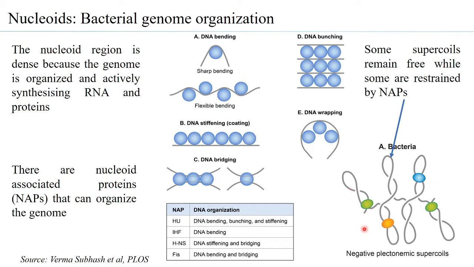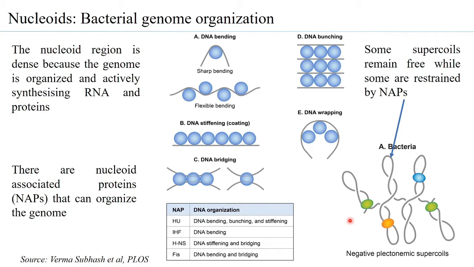Why is that so? Because, say for example, you have the E. coli that has a genome size of 4.6 million base pairs. So that longer DNA has to fit into the E. coli per se, which is about 1 to 2 micrometers in length.